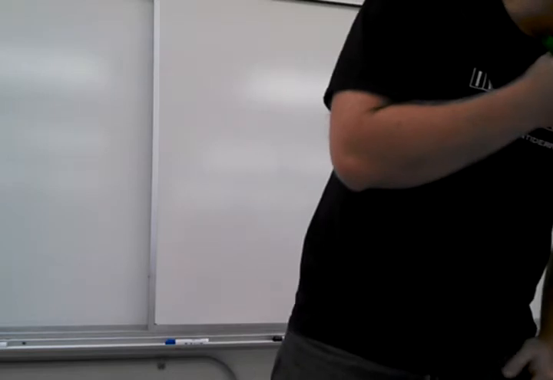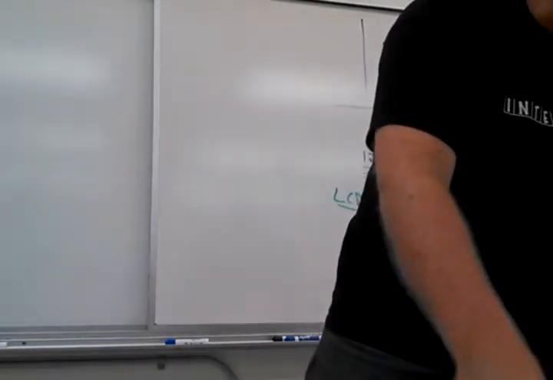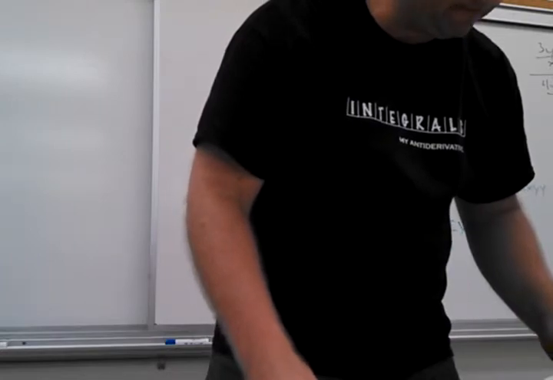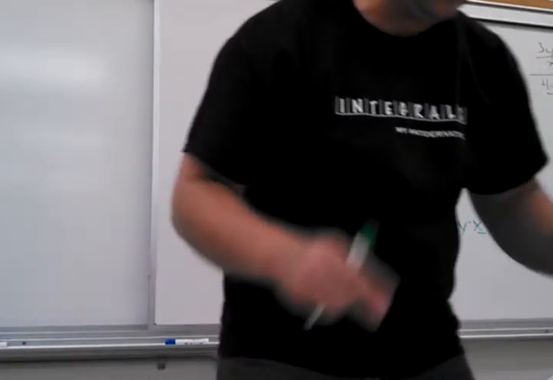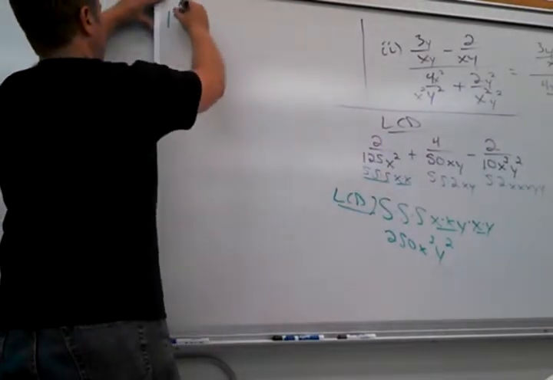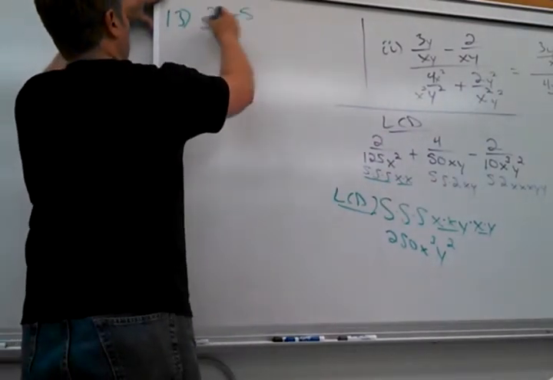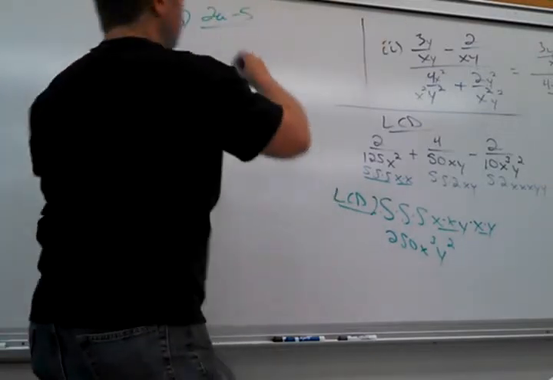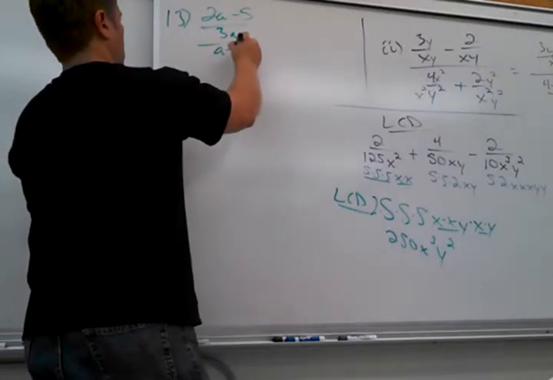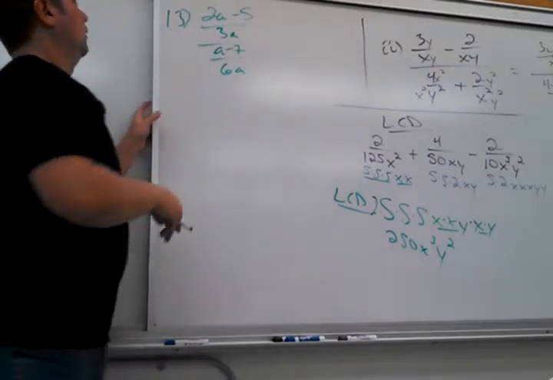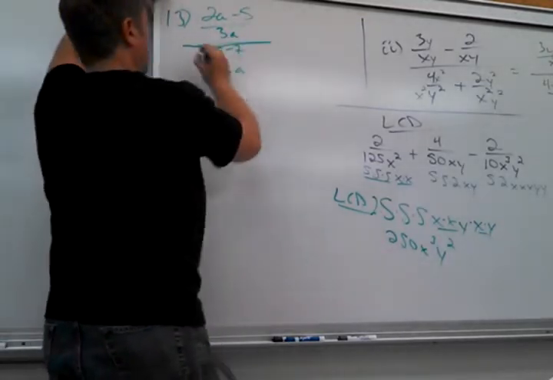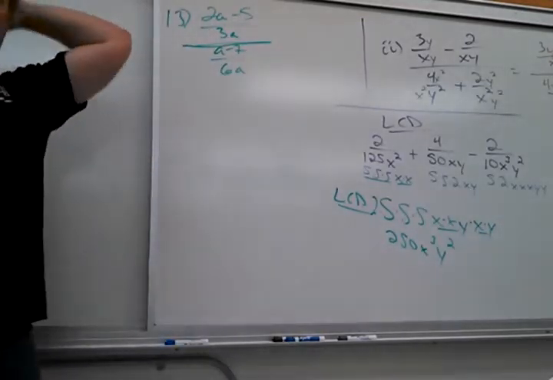Well, it's not too freaky. They got a couple of these problems. If you get one that looks like this, number 13, look at this: (2a minus 5 over 3a) over (a minus 7 over 6a).